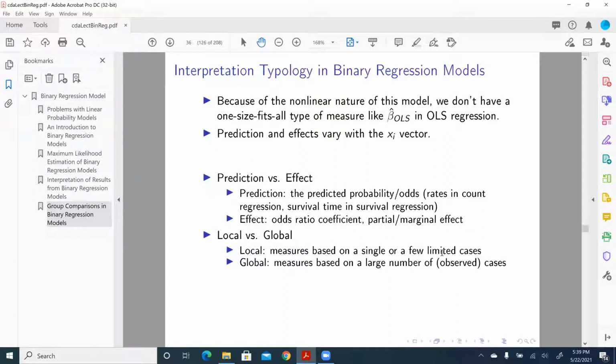Second is the global measure. Global measures refer to statistics based on a large number of, sometimes observed, cases.